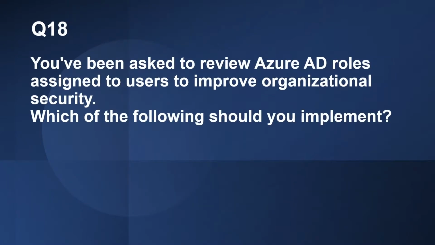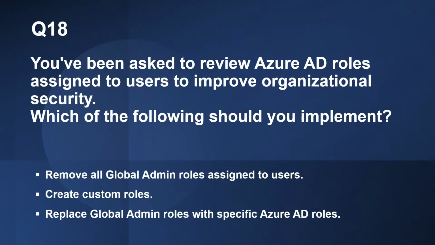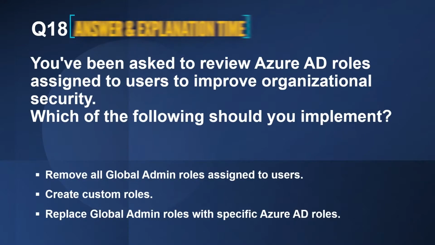Question number 18. You have been asked to review Azure AD roles assigned to users to improve organizational security. Which of the following should you implement? The options are remove all global admin roles assigned to users, create custom roles, and replace global admin roles with specific Azure AD roles.